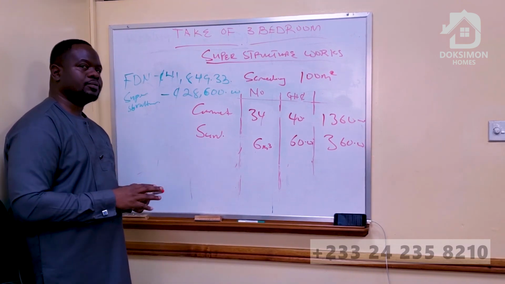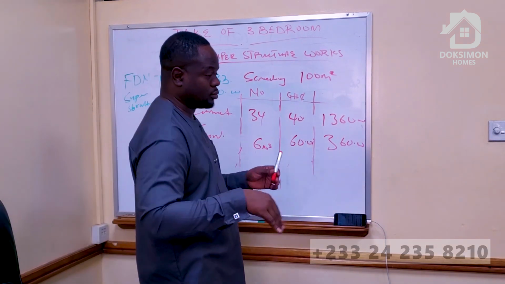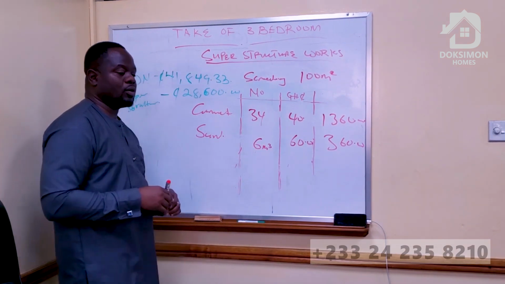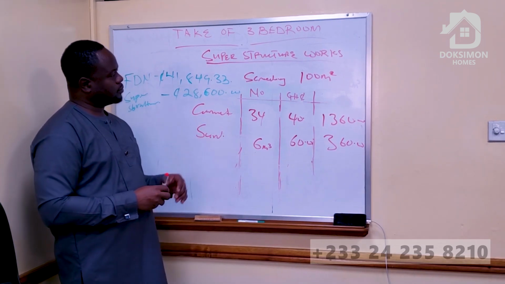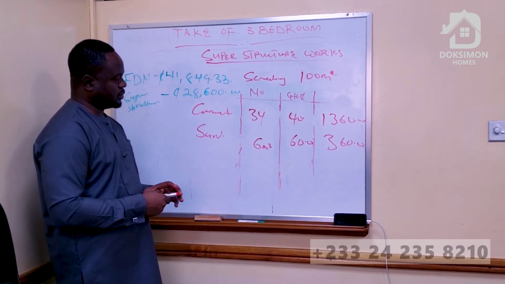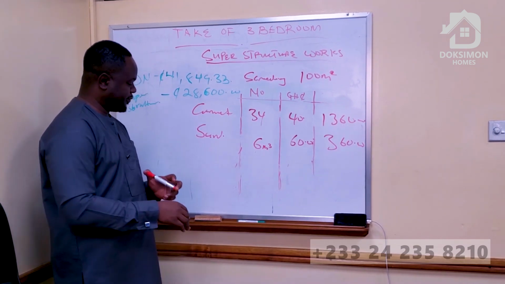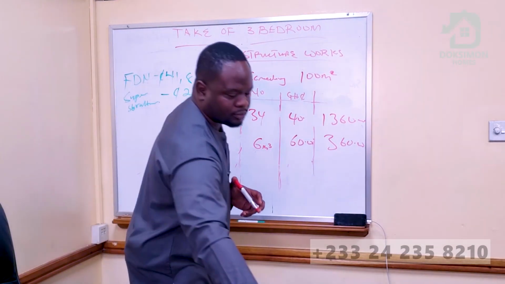It can be tile, it can be block, wooden finishes, depending on what you prefer. So these are the number of cement and sand you will need for your finishes. All right, so we're going to move to the other side.